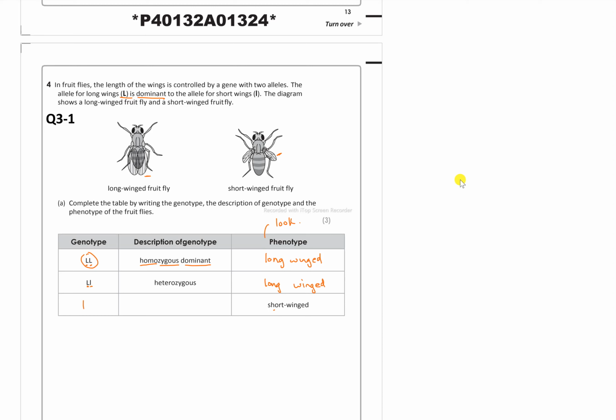For it to be short winged, it's going to be lowercase l, and it's going to be homozygous recessive. So the first contained the same types of dominant gene. This contains the same types of recessive genes.